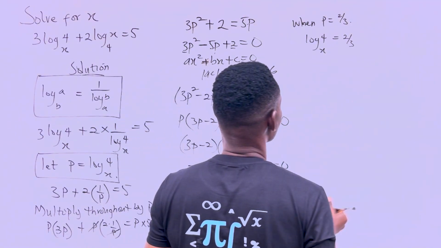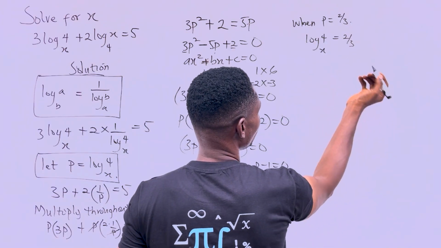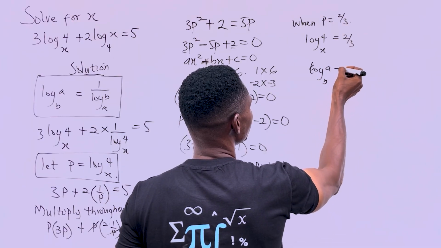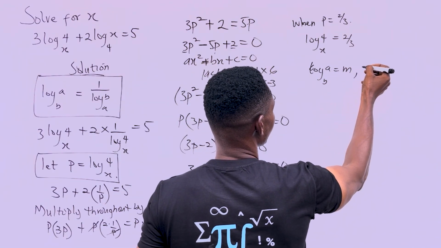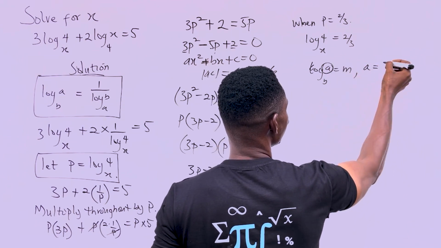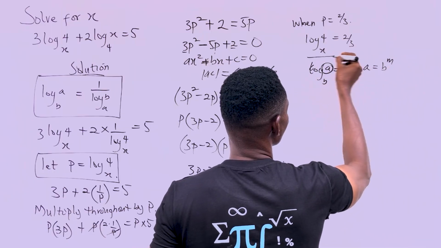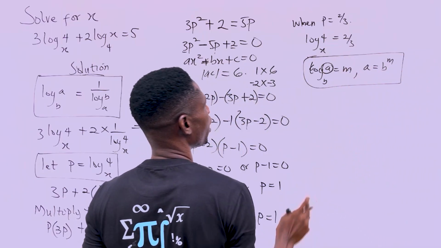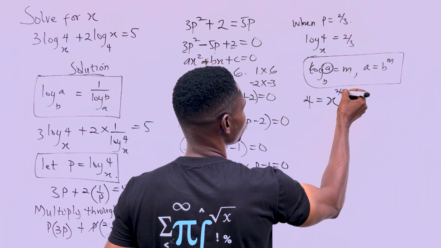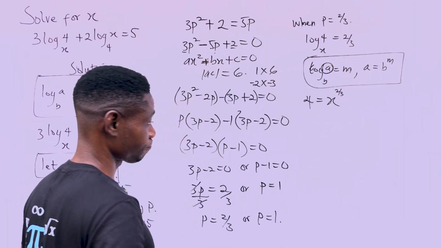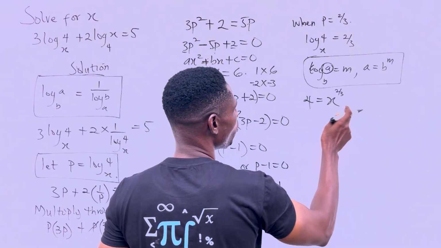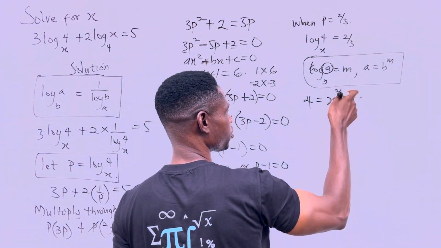Okay, so from here, remember the law of log that says if you have log a base b equal to m, then a, the argument of the log, will be equal to the base raised to power m. So if you remember this law, that's what we're going to apply here. So it means that 4 will be equal to x raised to power 2 over 3. So what can we do from here? I will make both to a power of 3 over 2.